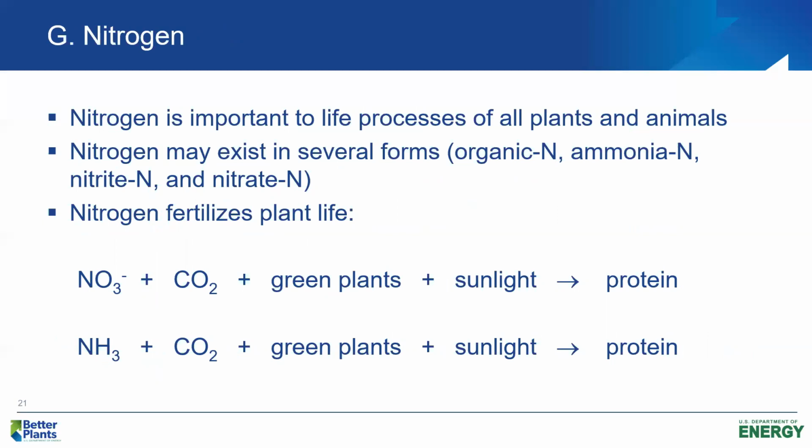As you can see in the two biochemical equations there at the bottom of the screen, green plants will use nitrogen, usually in the form of nitrate, NO3 nitrogen, or ammonia, NH3, or NH4 plus ammonium ion. And they will use nitrogen in combination with carbon dioxide and using a process called photosynthesis to produce plant protein.